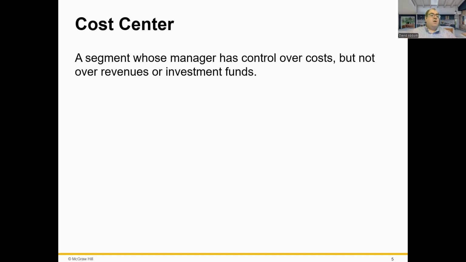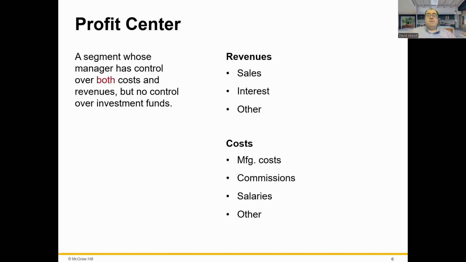So things that provide service internally are generally considered cost centers. Standard cost variances and flexible budget variances, such as those that we've looked at in the previous chapter, chapter 10, and now in chapter 11, are often used to evaluate cost center performance.